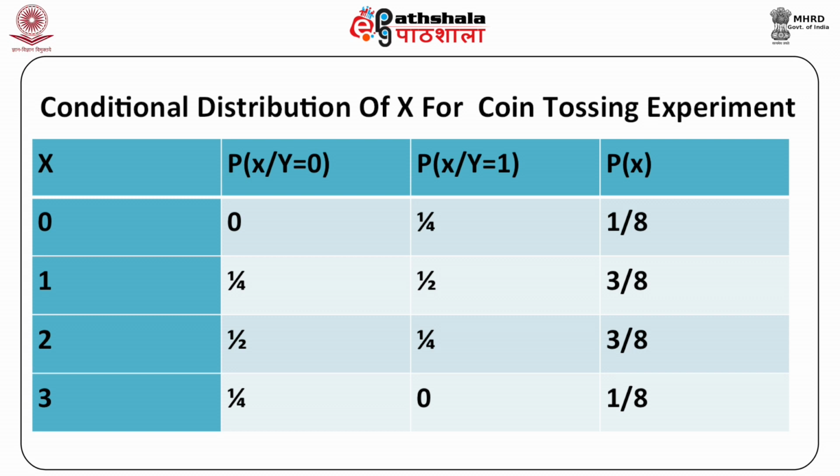The conditional probability distribution of X given Y equal to 1 is computed similarly by dividing the entries in the third column of the table by P(Y = 1), which is equal to half. The conditional probability distribution of X for the coin tossing experiment is shown in the table. A similar conditional probability table may be constructed for the four separate conditional distributions of Y, each corresponding to one of the possible values of X.